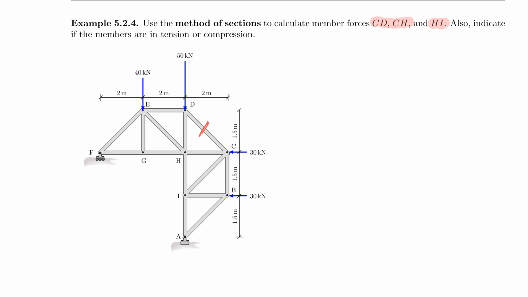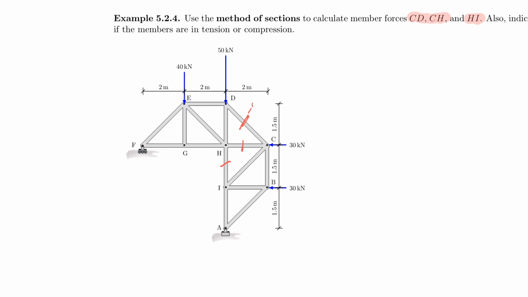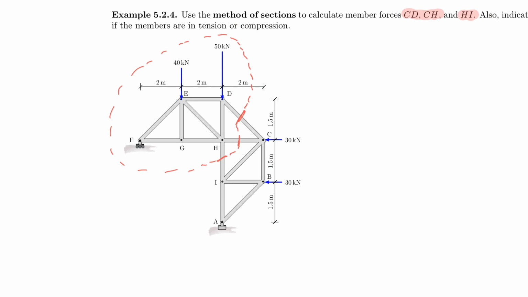CH would be right here. And HI would be right there. So I have 2 options now. I can either make this cut here on the left, or I could do the same thing here on the right. I'm not sure which one is easier yet. I have to evaluate that.